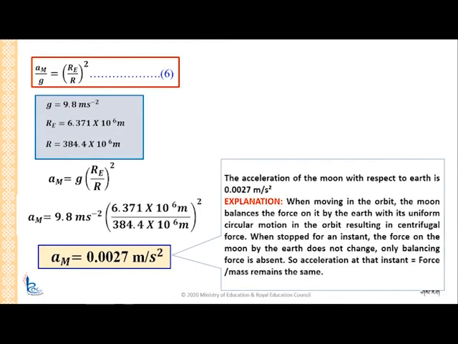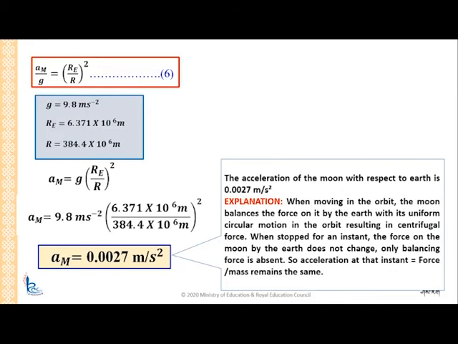So this is the acceleration that is imparted to the moon because of the earth. Now, this is different from the force of attraction between the earth and the moon.